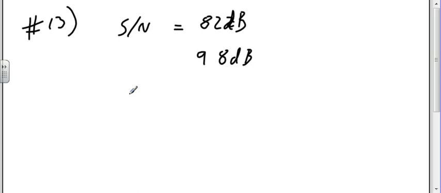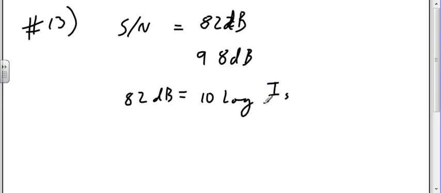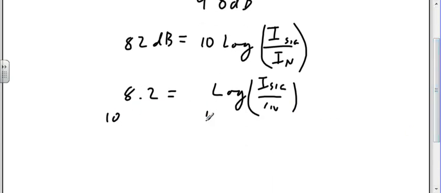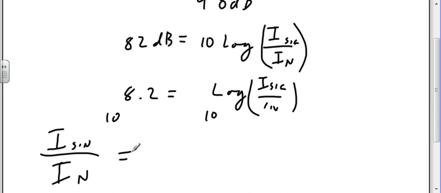All right, so 82 dB is 10 log of the intensity of the signal divided by the intensity of the noise. We're going to divide by 10. 8.2 is log of that ratio, and we raise these as powers of 10. So what we're looking for is the ratio of the intensity of the signal to the intensity of the noise.